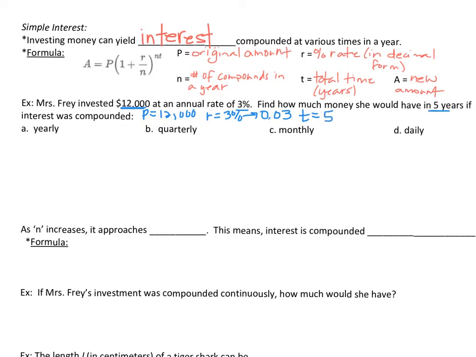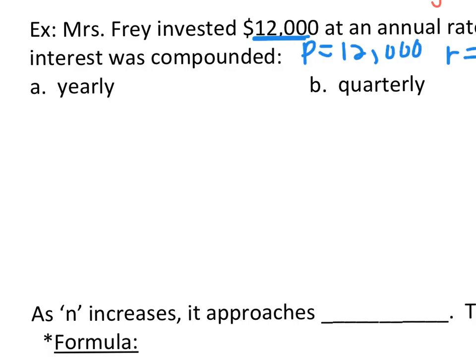Again, P, R, and T should always stay the same. So here's what's going to be interchangeable. If you're going to compound interest yearly, yearly means just once a year. Therefore, N equals 1. If we plug in what we know to our formula, A is going to be the new amount we have over our extended period of time. P is 12,000.